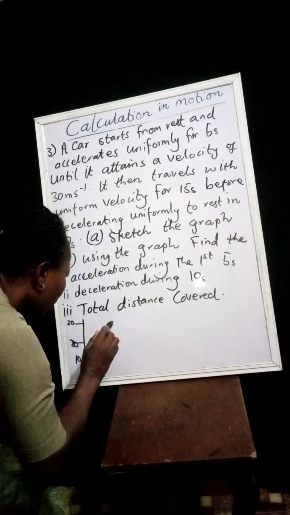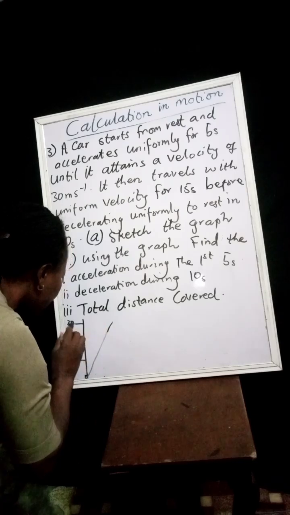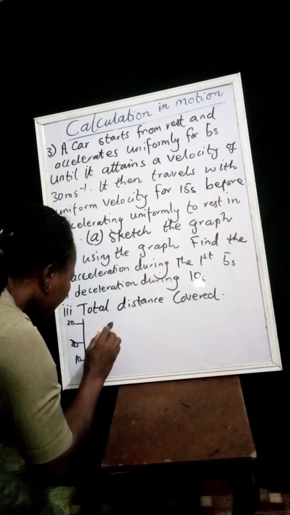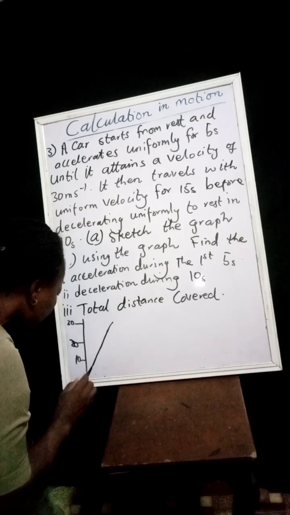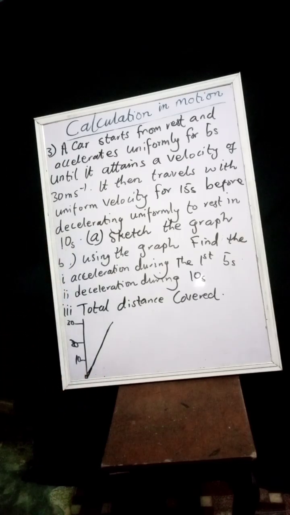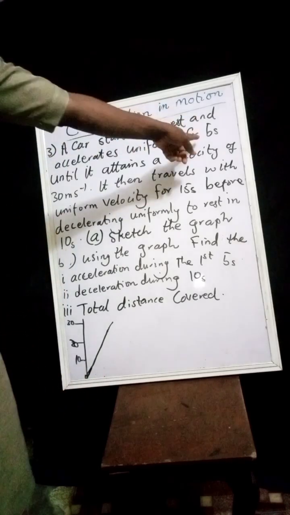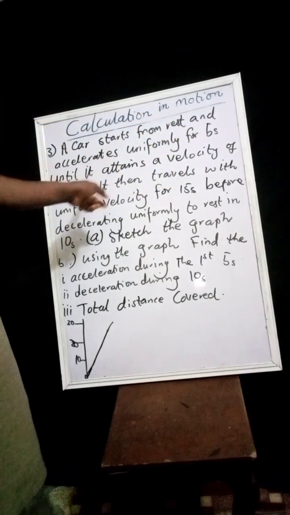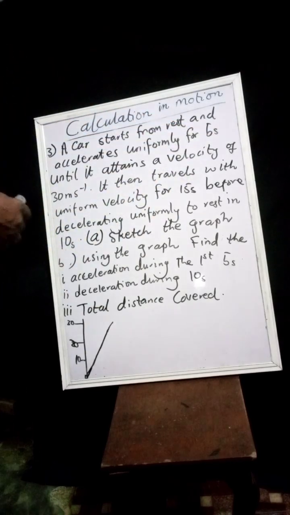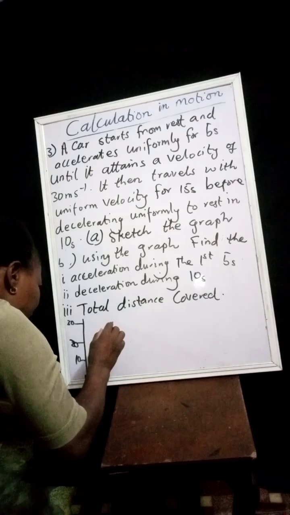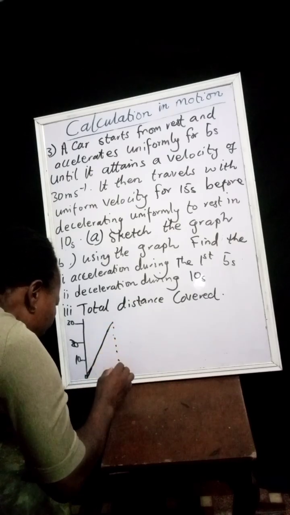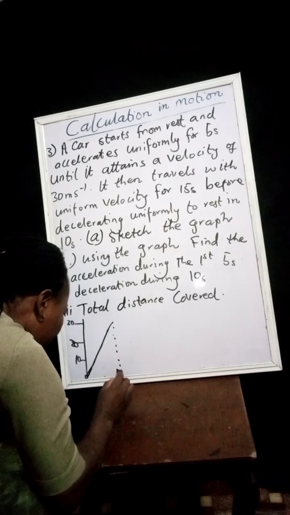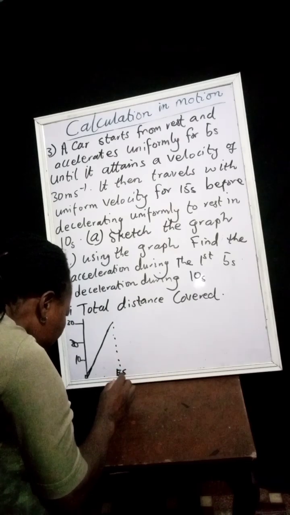This is the velocity of 30, isn't it? As it attains the velocity of 30 meters per second for 5 seconds, at this point it means that this is at 5 seconds.